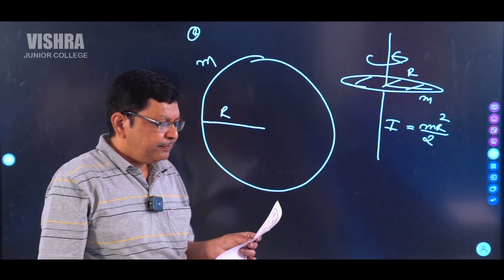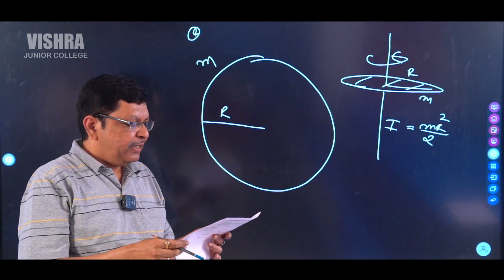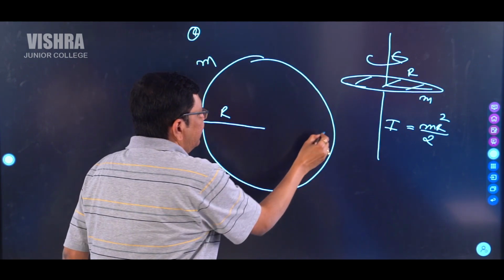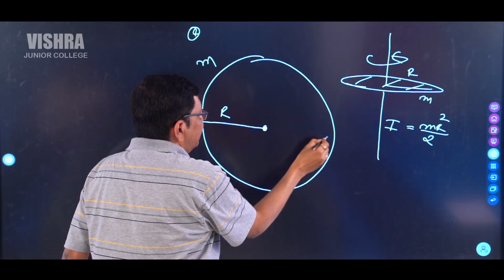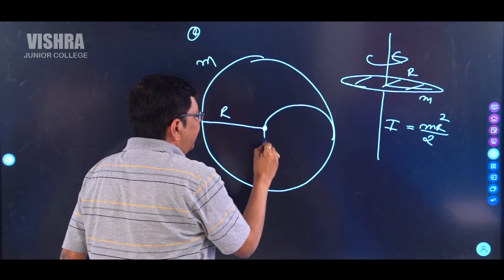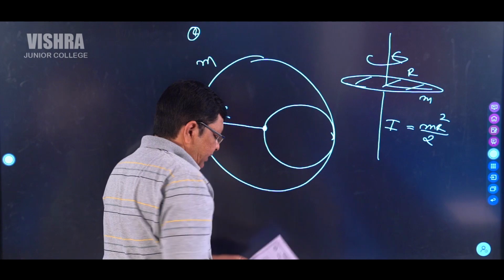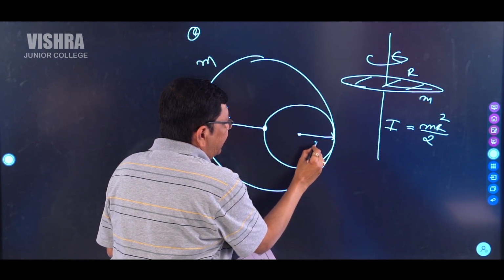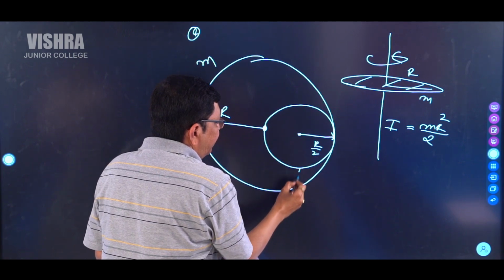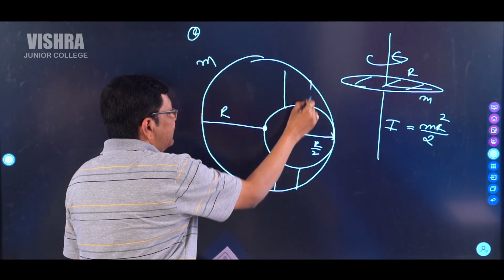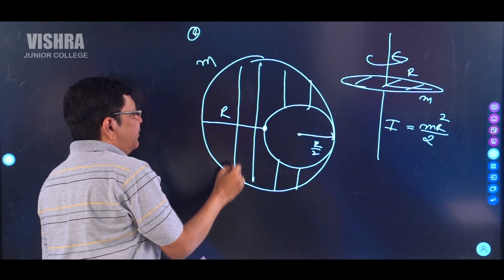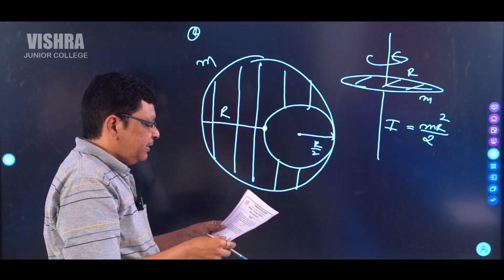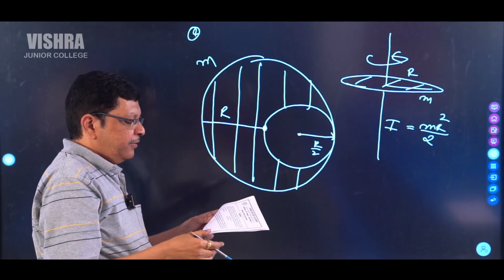And next, a small circular part of radius r by 2 is removed from the original disc. So from the original disc, a small circular part of radius r by 2 is removed, and this diagram is given in the question in the exam like this. So the radius of this removed portion is r by 2, then the remaining disc is the portion which I am marking with the lines, removed from the original disc as in the figure.